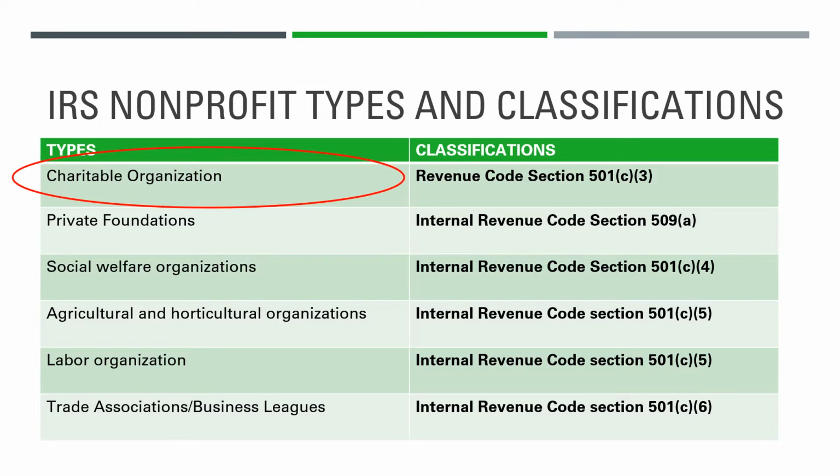Now, if you're considering starting your nonprofit, you may be more interested in the 501c3. It depends on the purpose and definition of your organization, a vision and a mission, but most organizations are started under the 501c3 classification.